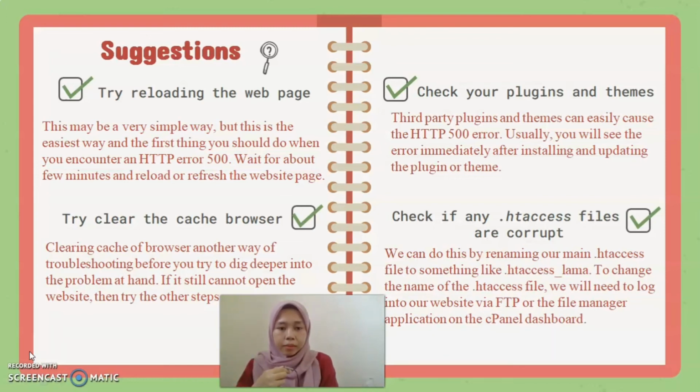We can do this by renaming our main htaccess file to something like htaccess_lama. To change the name of the htaccess file, we will need to log into our website via FTP or the File Manager application on the cPanel dashboard.